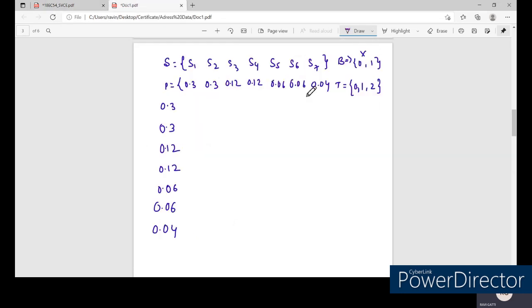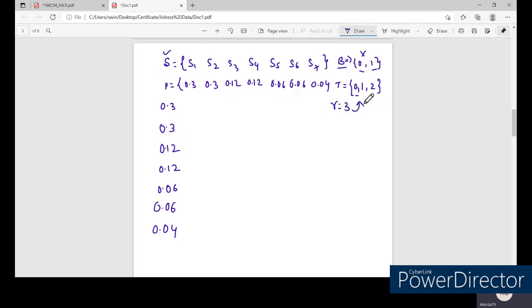Now you can see I have clearly written the code vectors, S1, S2, S3, S4, S5, S6. In binary representation we have only 2 digits, 0 and 1. Since we are going for the ternary code, we need to consider 3 different digits, that is r equal to 3.